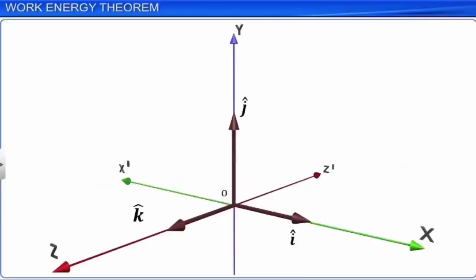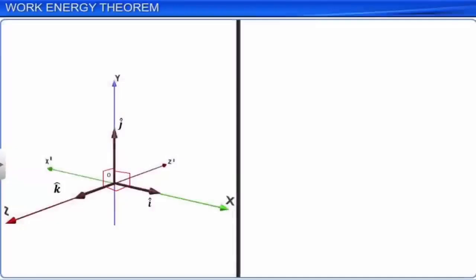The angle between any two mutually perpendicular directions, that is, between i and j, or j and k, or k and i, is 90 degrees. And cos 90 degrees is 0.